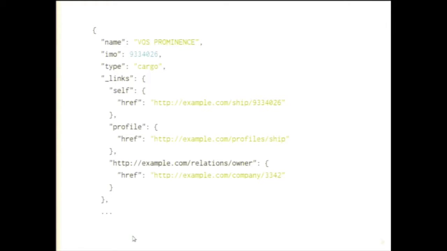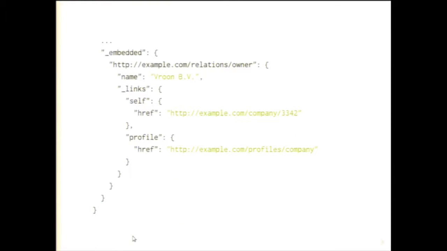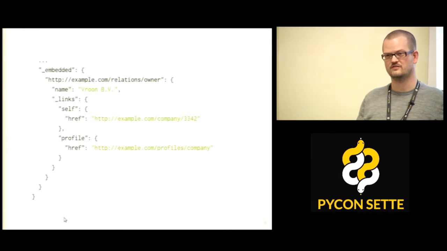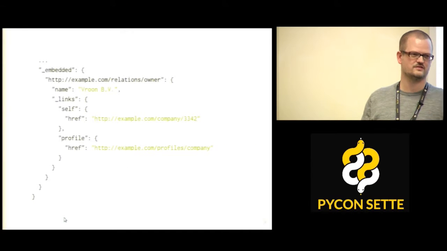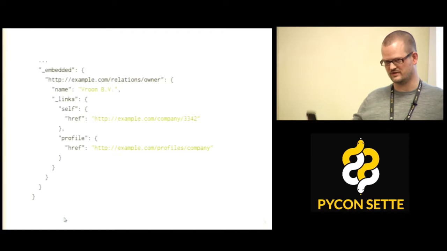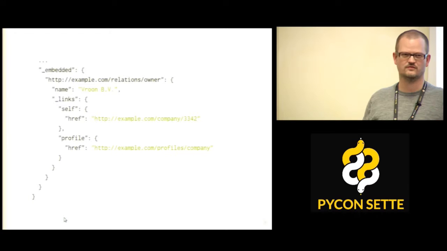It can choose to embed, for example, in this case, the owner resource into the response for the ship. So that when the client wants to show the owner too, it doesn't have to make another HTTP request to get the owner, and it has all this information in one request, which is especially interesting for example for mobile applications.